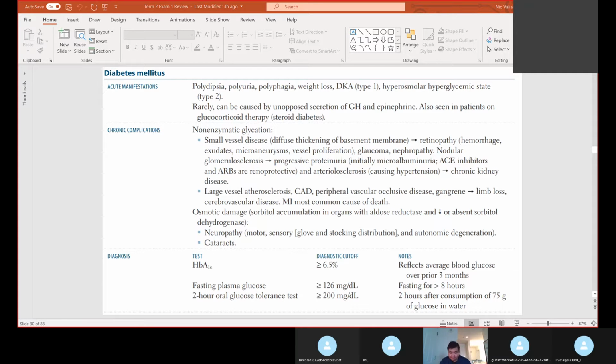How are we going to calculate an anion gap? Sodium, and then you have, go ahead, chloride and bicarb. Yeah, bicarb, exactly.